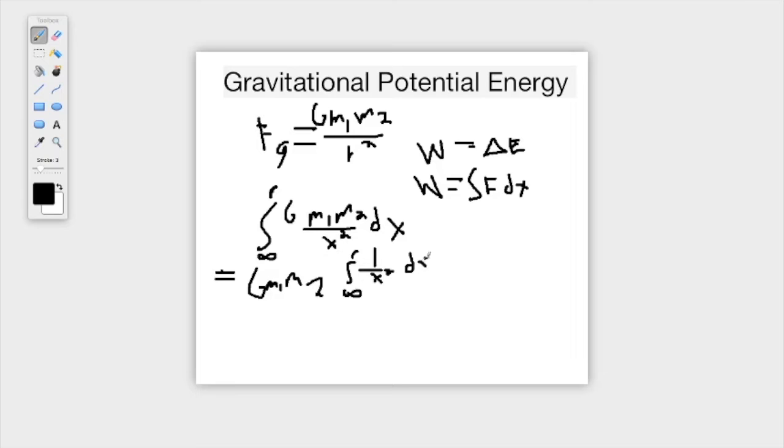I'm going to have a little scratch work. If we remember the reverse power rule, let's rewrite this as x to the negative second. You add 1 to the power and divide by that new power.